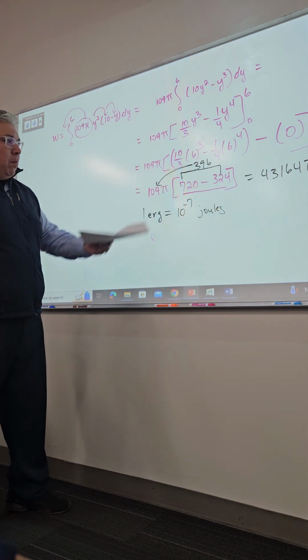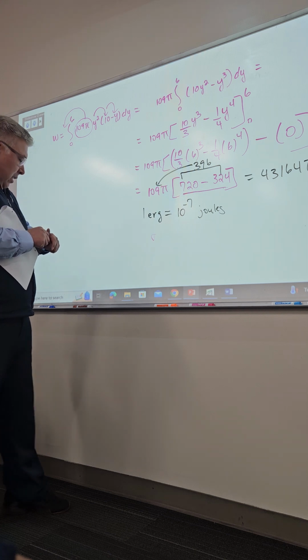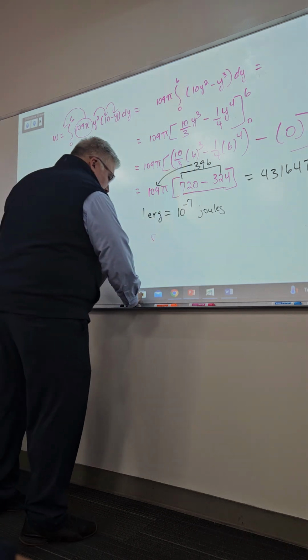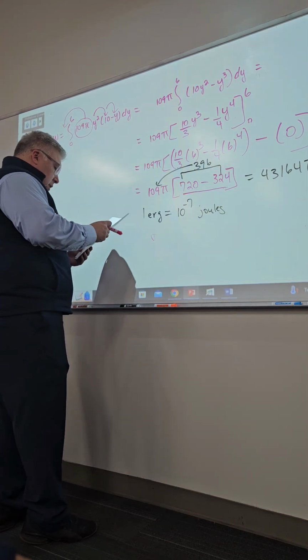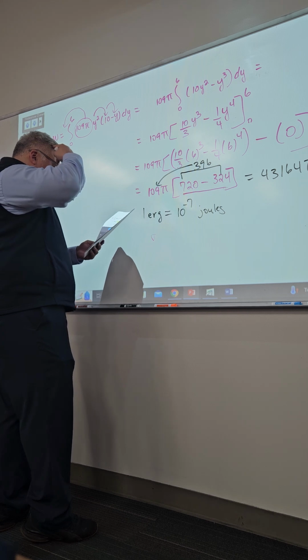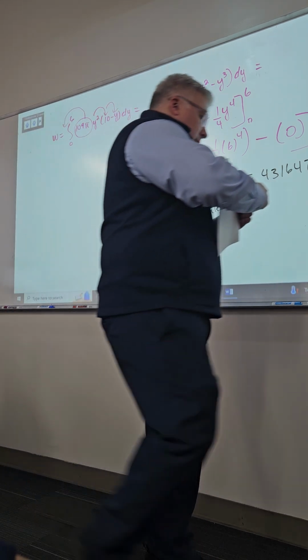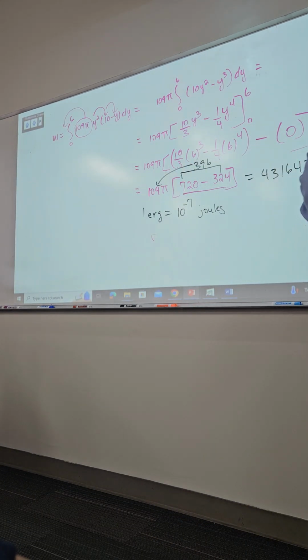So now all I gotta do is multiply that number times 10 to the negative 7, on your calculator, or just move the decimal place over. But you gotta get the pi multiplied into it, okay? By the way, I forgot to write that down. This is approximately 135,604 erg with a pi multiplied to it, times 10 to the negative 7 joules.